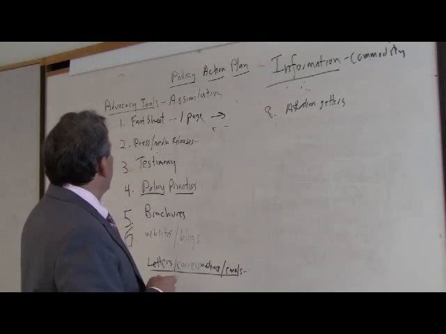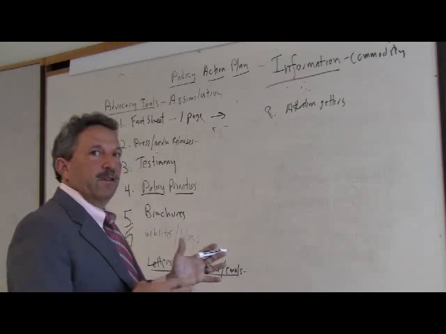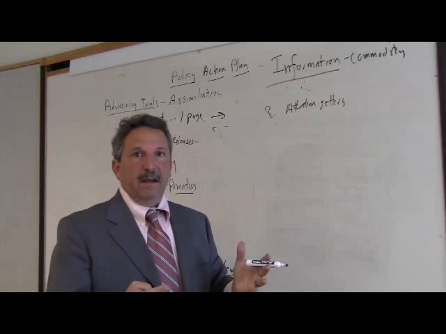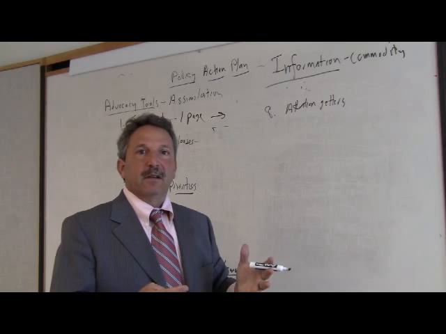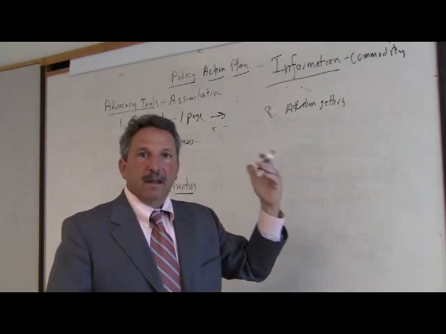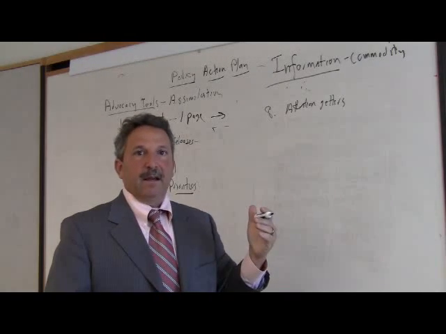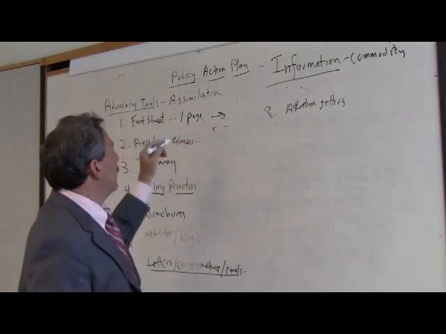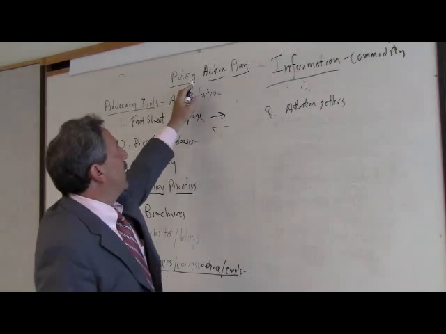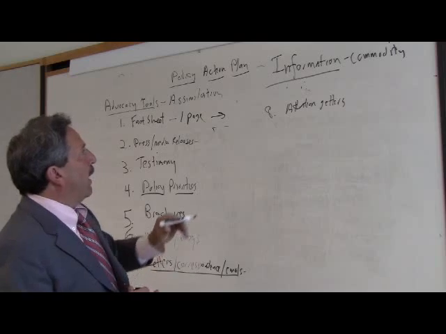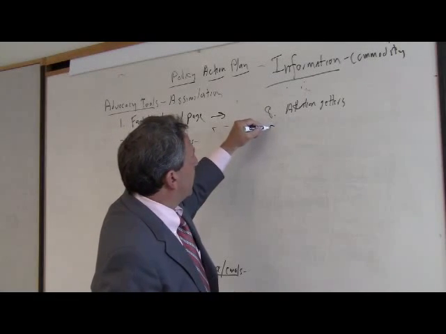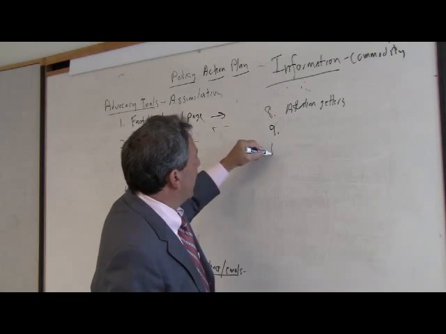So all of these are ways in which we assimilate the information that we've collected and analyzed. And these are the tools that make up a policy action plan. I'm going to give you two more, and that's going to kind of finish us for the day.